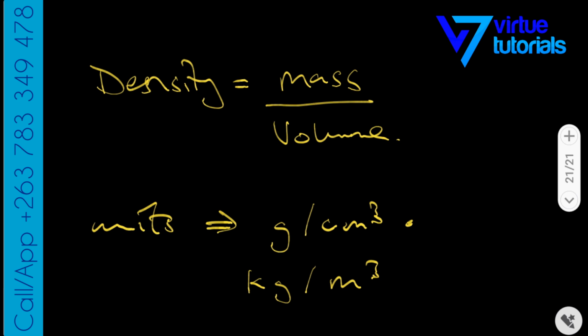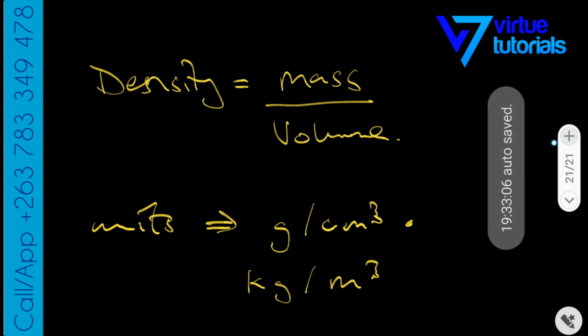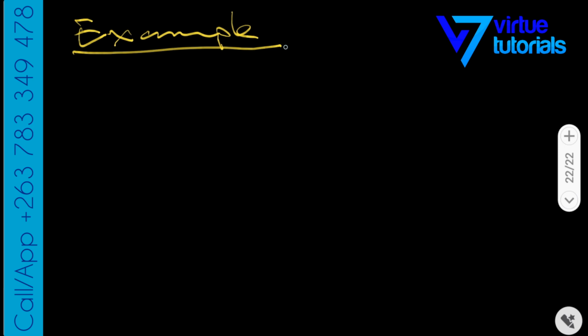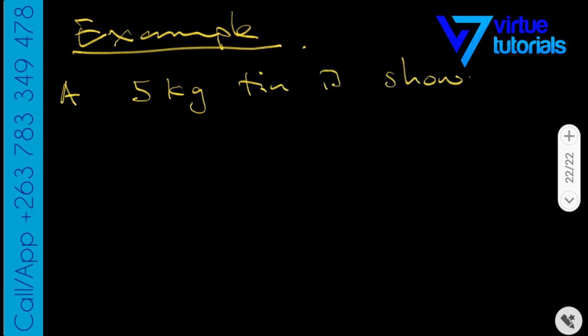Now let's just have an example and see how we can calculate this in practice. A 5 kg tin is shown below. So here's our 5 kilogram tin.